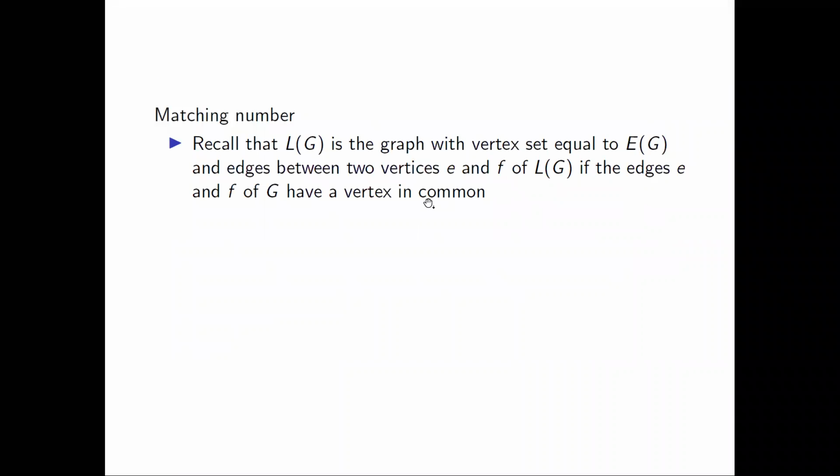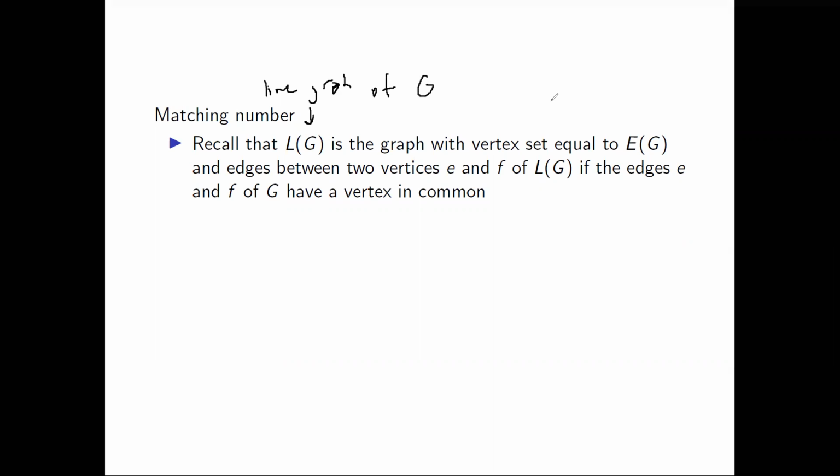So continuing with the matching number, we can express the matching number in terms of a parameter that we've seen before. In order to express it that way, we're going to use this graph that we've seen before called the line graph. So L of G, this is the line graph of G, to review.